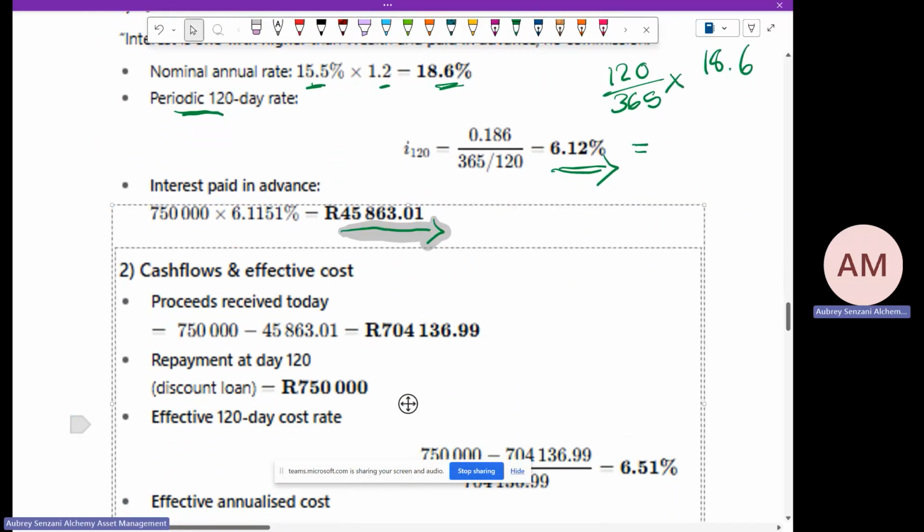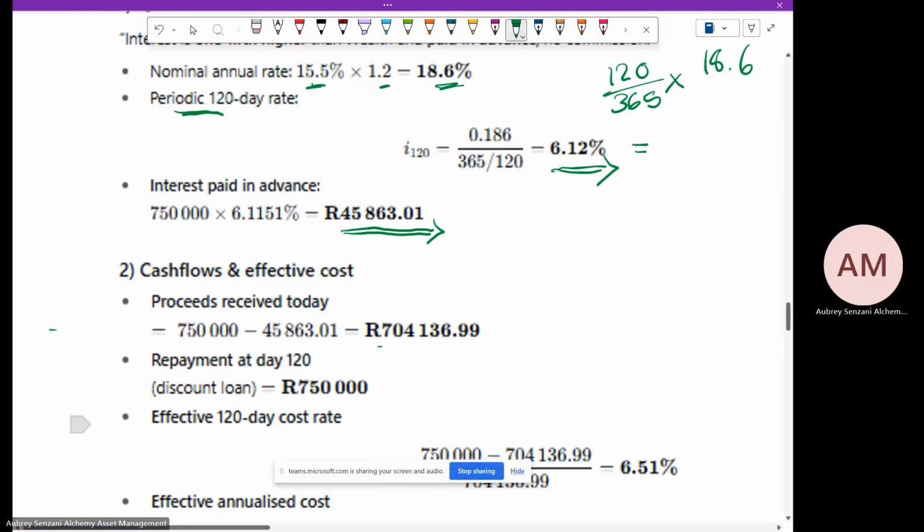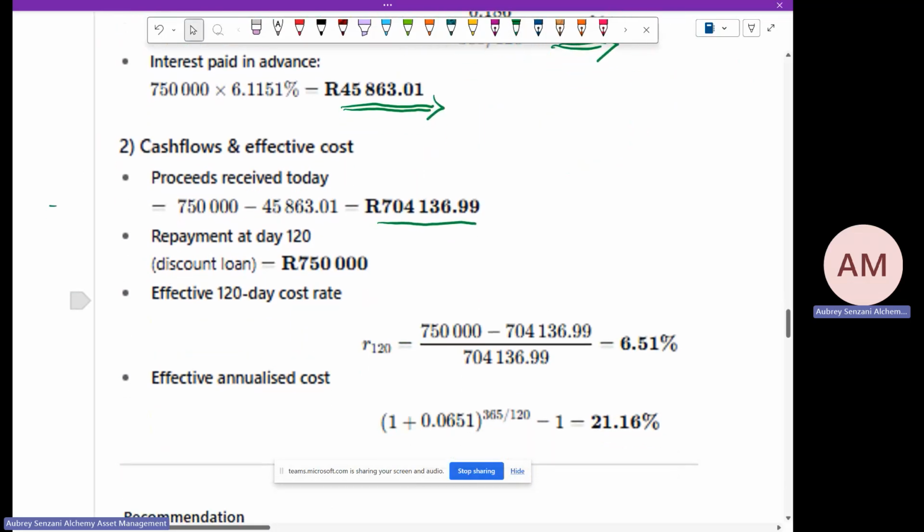Again, they are saying what you are going to take home from this loan is 704,136 Rand and 99 cents. So now again, we want to get the effective annual cost. Before we can do that, let's get our actual interest on this loan.